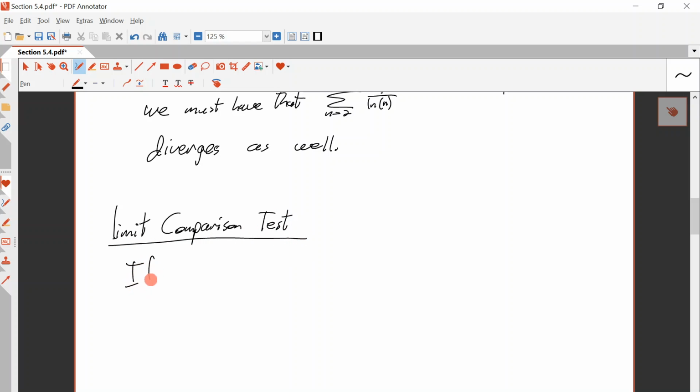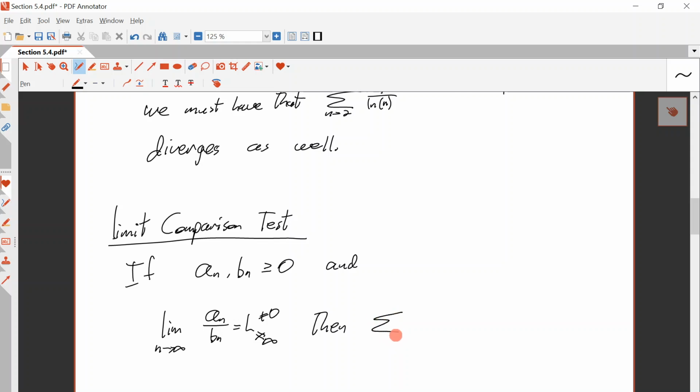It says the following: if a_n and b_n are sequences of positive terms, and the limit as n goes to infinity of a_n over b_n is equal to L, and L is not 0 and L is not infinity, then the sum of a_n and the sum of b_n both converge or both diverge.